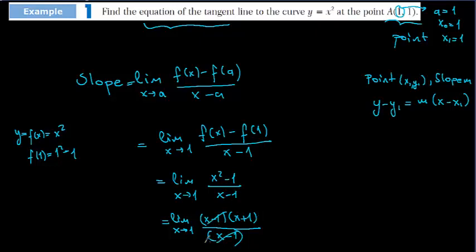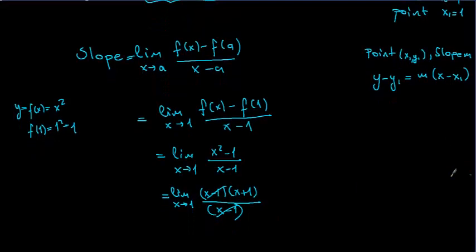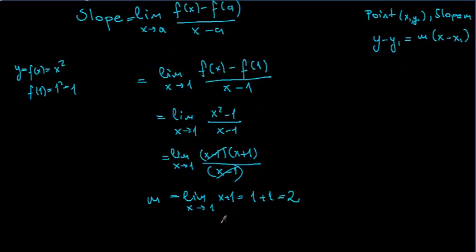And when you simplify these two, the answer is going to be equal to the limit as x tends to 1 of x plus 1, which is equal to 1 plus 1, that's equal to 2. So the slope m, the tangent value at point 1, is going to be equal to 2.